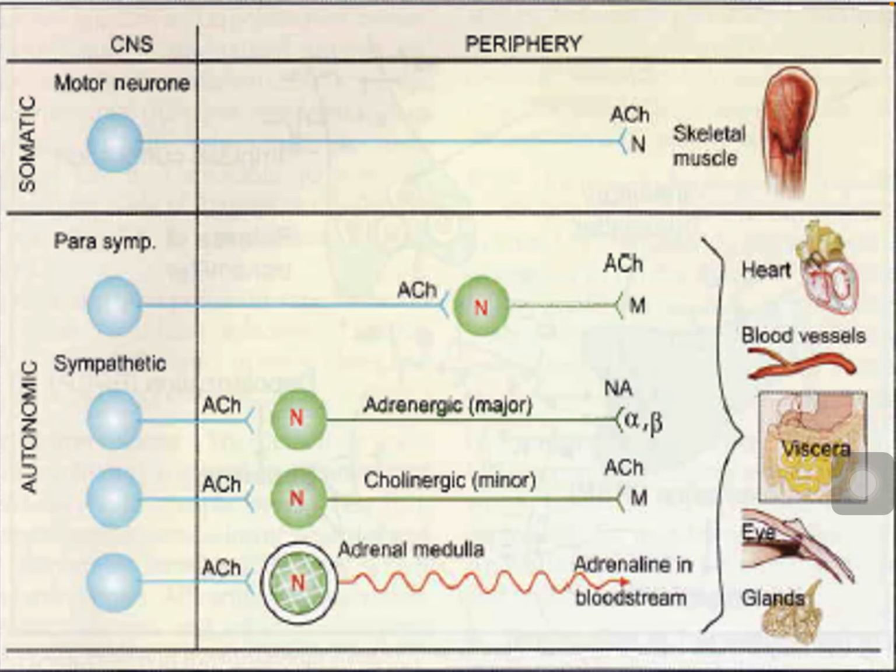So this is the anatomical structure as well as the organization of the somatic and autonomic nervous system. I hope this is clear, because you should be able to tell which neurotransmitter is released by preganglionic as well as postganglionic parasympathetic fibers, and the same for preganglionic and postganglionic neurotransmitters in the sympathetic nervous system.